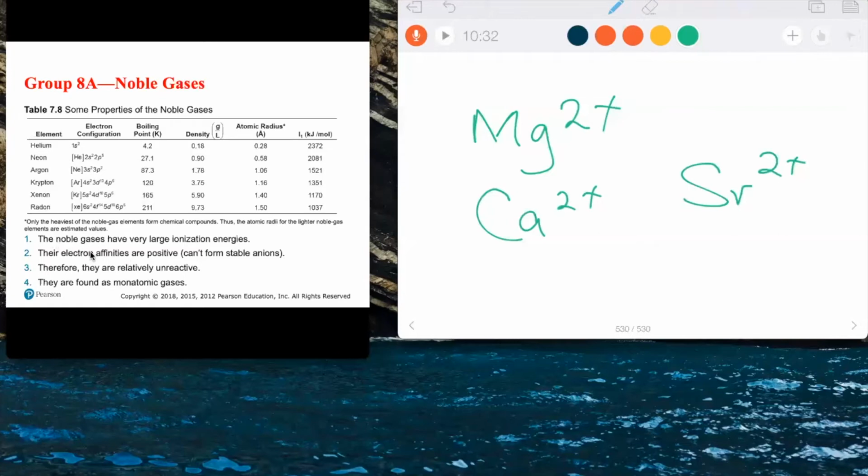So noble gases have very large ionization energy. That means it is hard to remove the outermost electron. This explains the high first ionization energy compared to group 1, which, among the special groups we have looked at so far, group 1 have low ionization energy, group 8 have the highest ionization energy, and the rest just fall in between.